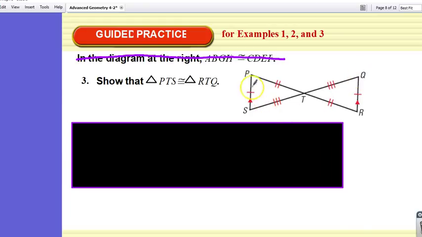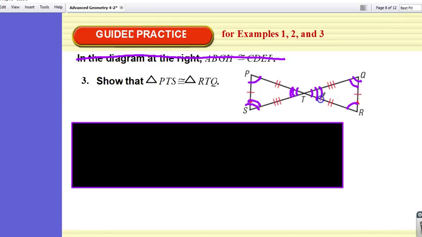Well, we know that these are parallel, right? So alternate interior angles are congruent. Angle R is congruent to angle P, alternate interior angles, right? Angle Q is congruent to angle S, alternate interior angles. This angle right here, angle PTS, is congruent to RTQ.